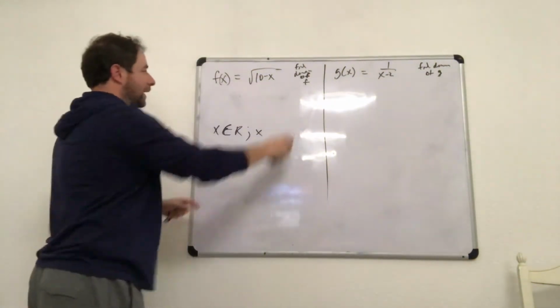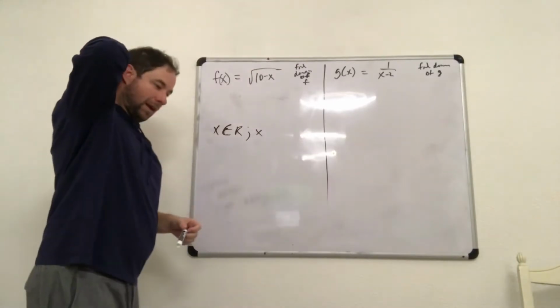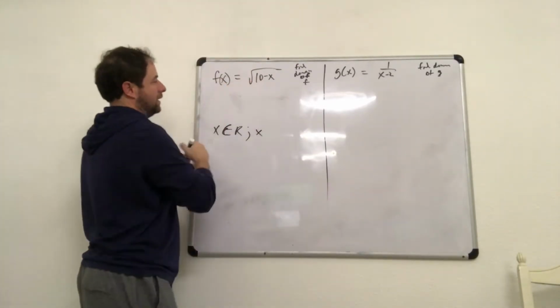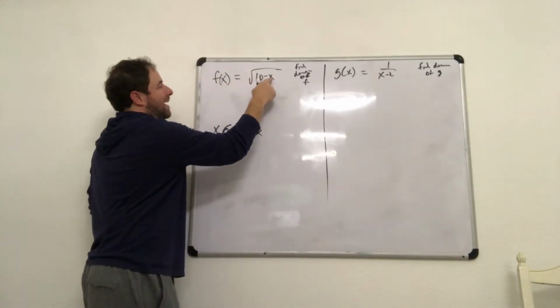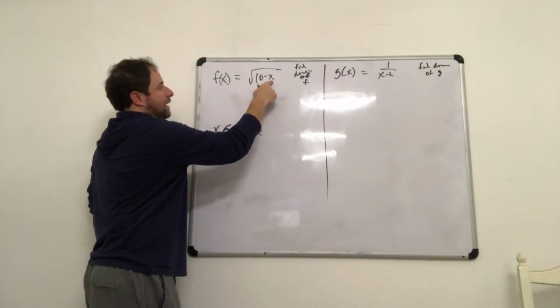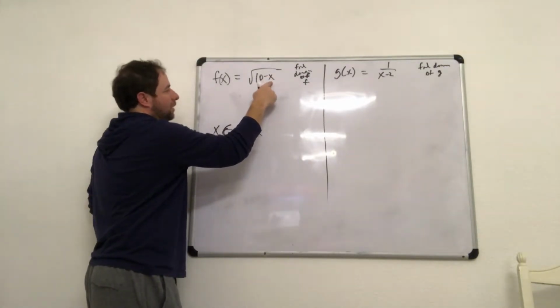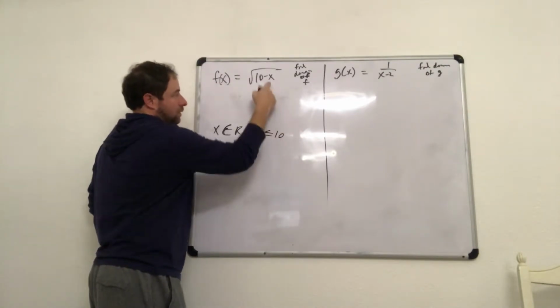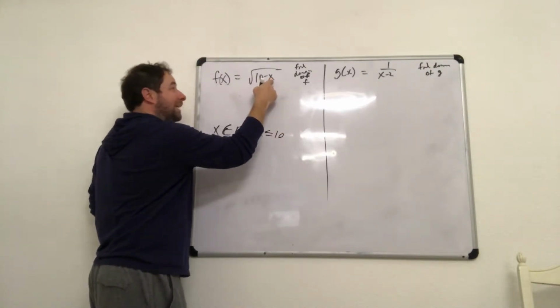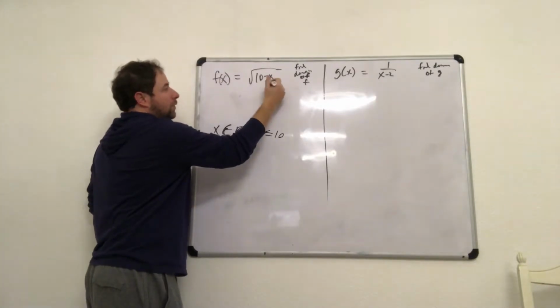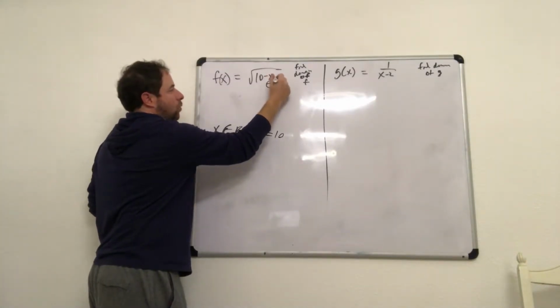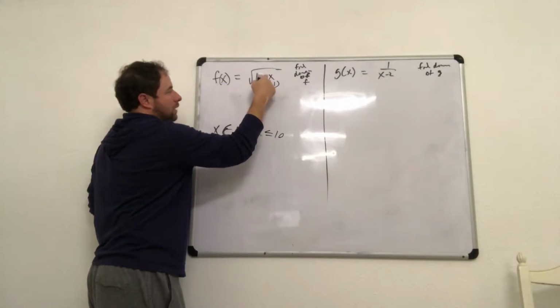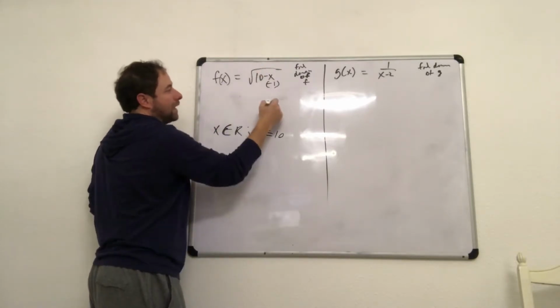So anytime it's the radical type, you've got to figure out what would make this not a negative number. Well, as long as x is 10 or less, so x has to be less than or equal to 10. x actually can be a negative number. If that was negative 1, it would become a positive 1, so it would be root 11.